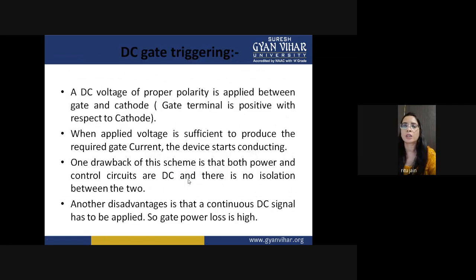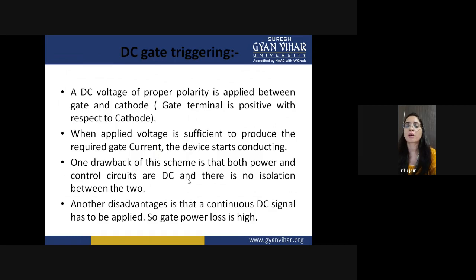Now, next is your DC gate triggering. As the name indicates, at the gate terminal you are applying a DC voltage. A DC voltage of proper polarity is applied between gate and cathode, and when the applied voltage is sufficient to produce the required gate current, the device starts conducting.